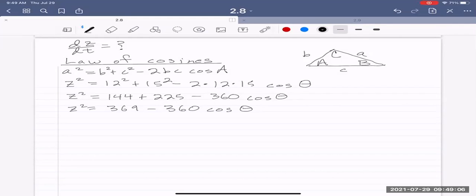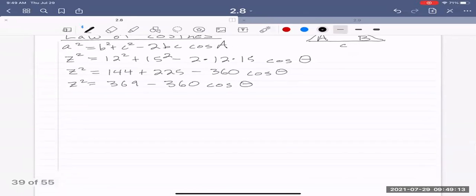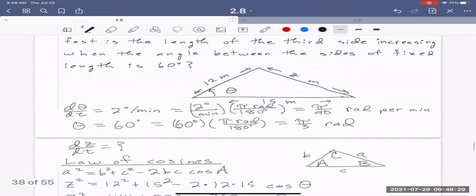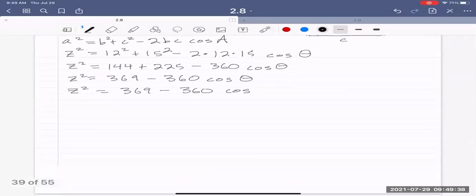So if I differentiate this, I will need to know z. So let's figure out z first. z squared equals 369 minus 360 cosine of, you can write it as pi over 3 or as 60 degrees. Doesn't really matter in this case. So I'll say pi over 3.